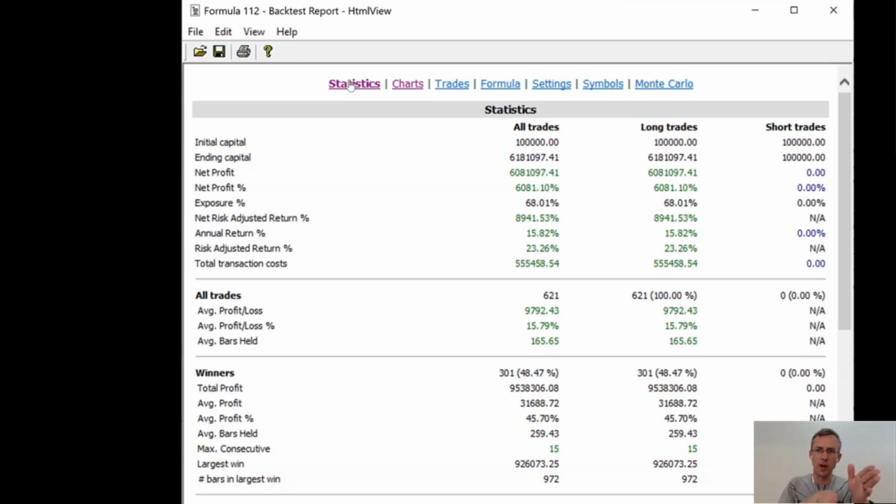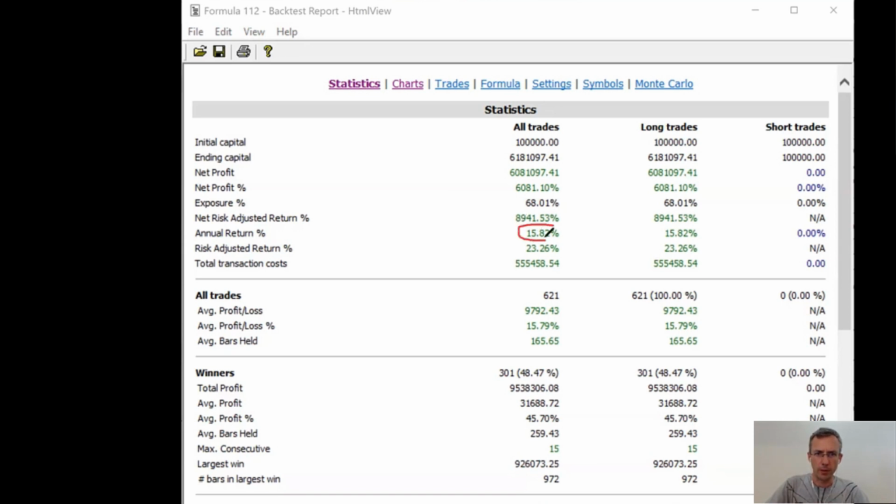So if you understand one, you understand the other. So in the backtest report, this is basically giving you all of the statistics of the system, so that you can evaluate whether or not it's good enough or whether you've improved it or made it worse. Now, I look at a few things. The most important ones we can go through now.